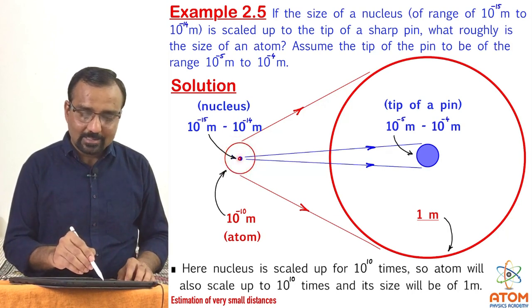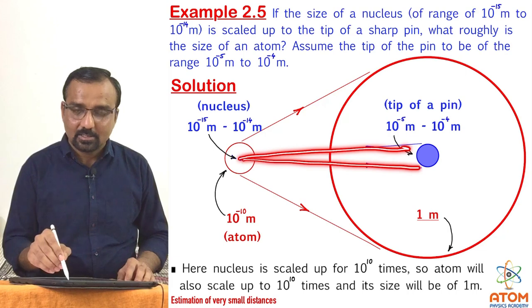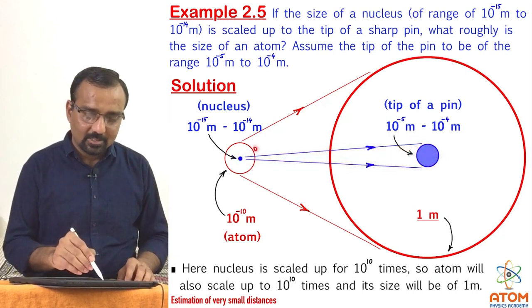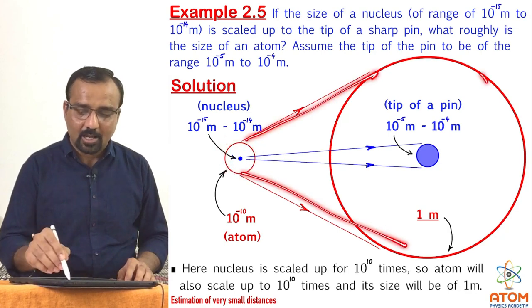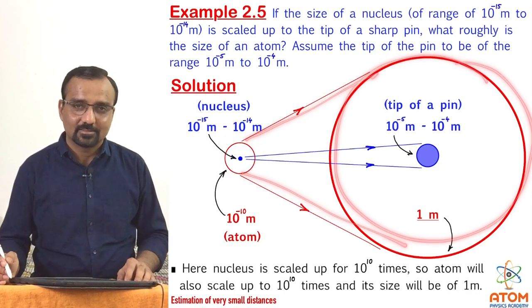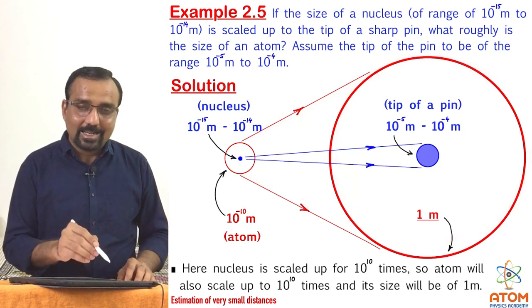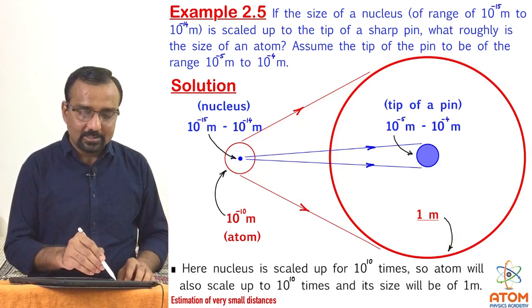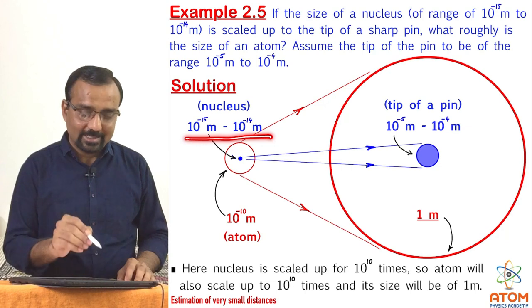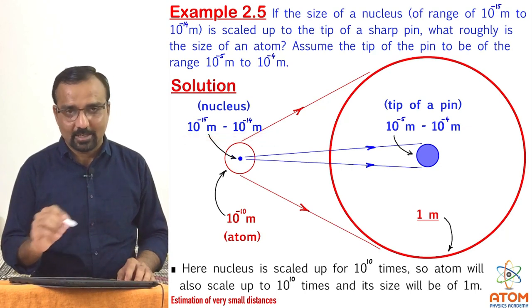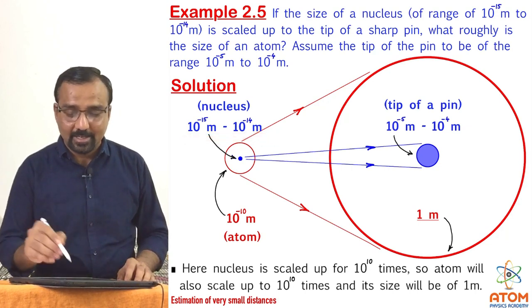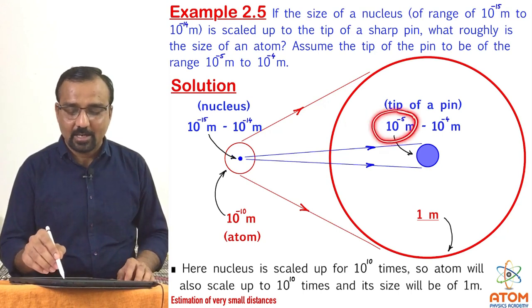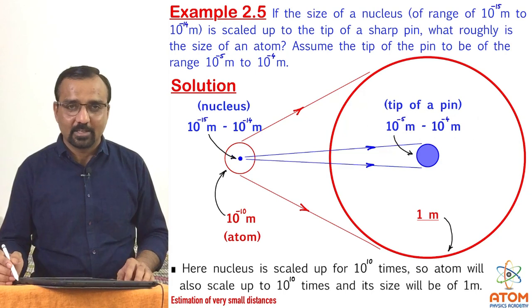Now, we are scaling up the nucleus up to this big. So, obviously, the size of the atom will also scale up to this big. That is very obvious. Now, the nucleus has a size ranging from 10 raised to minus 15 meter to 10 raised to minus 14 meter, which is scaled up to the size of the tip of a pin, which is 10 raised to minus 5 meter to 10 raised to minus 4 meter.